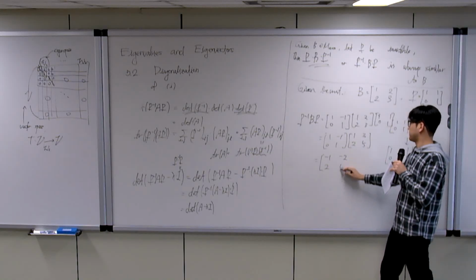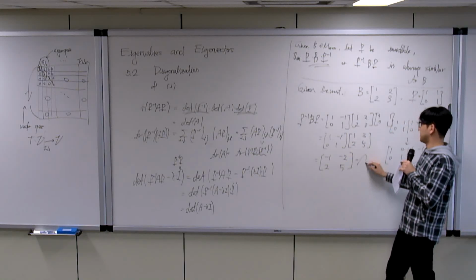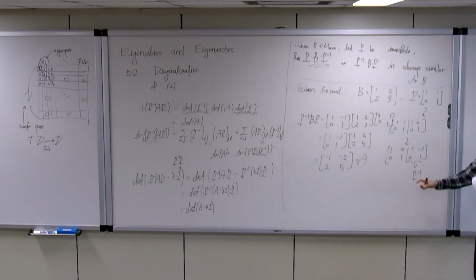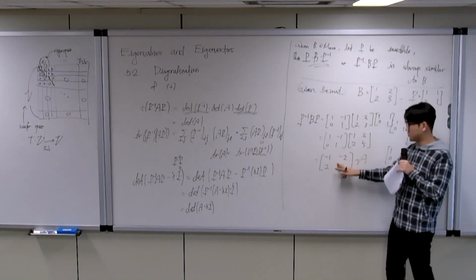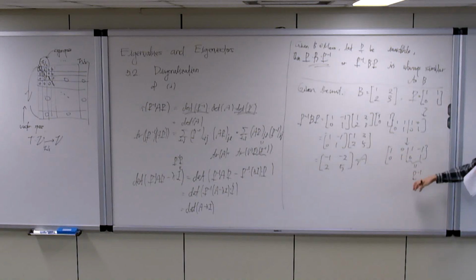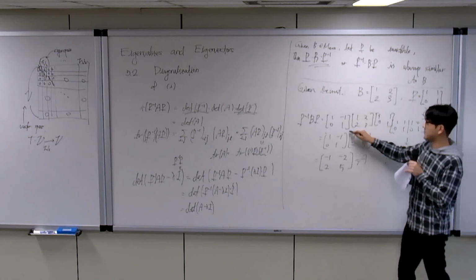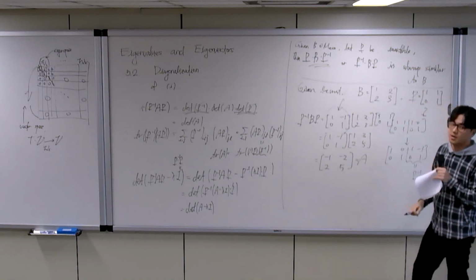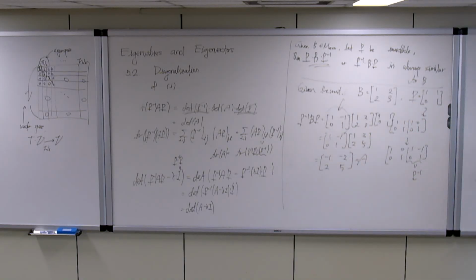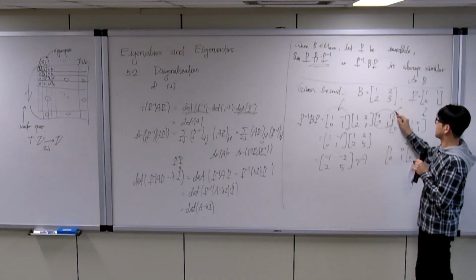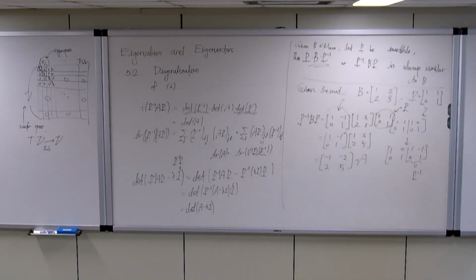That is, you can find an invertible matrix P such that P inverse AP is a diagonal matrix.